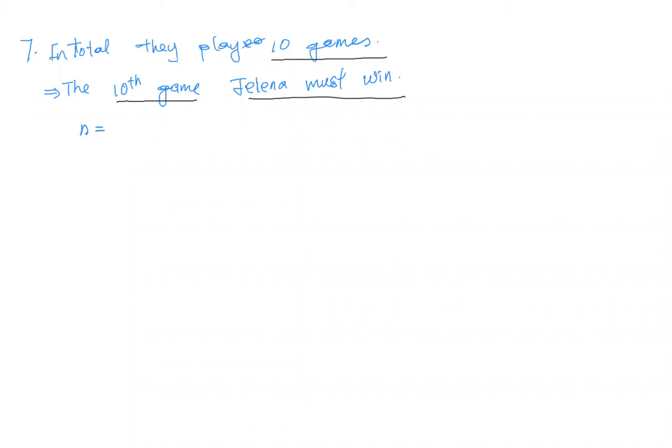So what is the n for this case? 9. We only consider 9 games, right? So for Jelena to win, yeah, so 9 games.